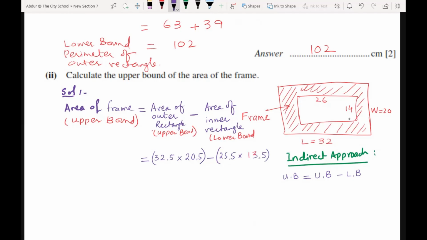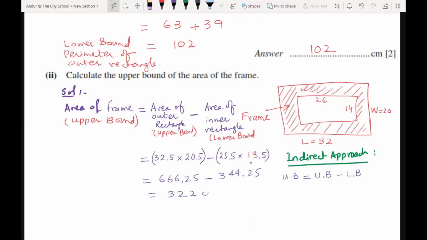Now use calculator. You can calculate 32.5 times 20.5, this will be 666.25, minus 25.5 times 13.5. Use calculator, this is a paper 2 question. It will be 344.25. So when you subtract, your answer will be 322 to 3 significant figures.